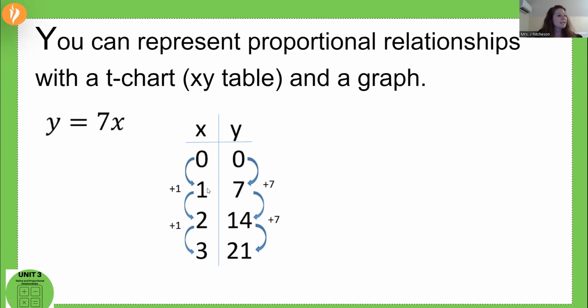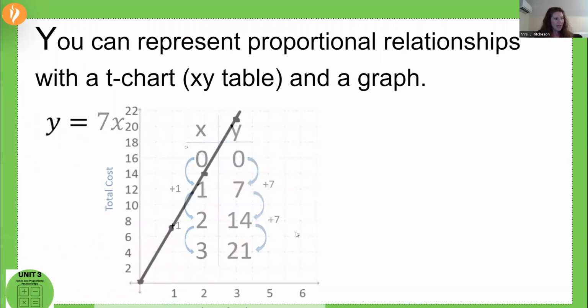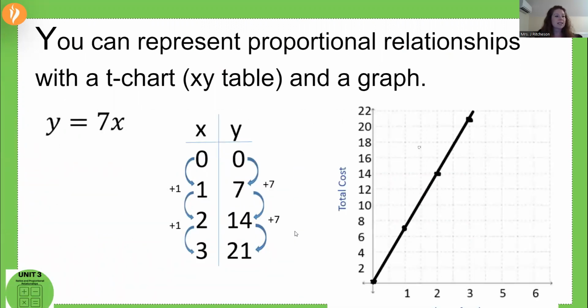If I buy 1 ticket, x is the number of tickets, I would spend $7. 2 tickets would be $14, so on and so forth. I can also take that information and create a graph. So here's our number of tickets. Our x's are on the bottom. 1 ticket, $7. 2 tickets, $14, so on and so forth.